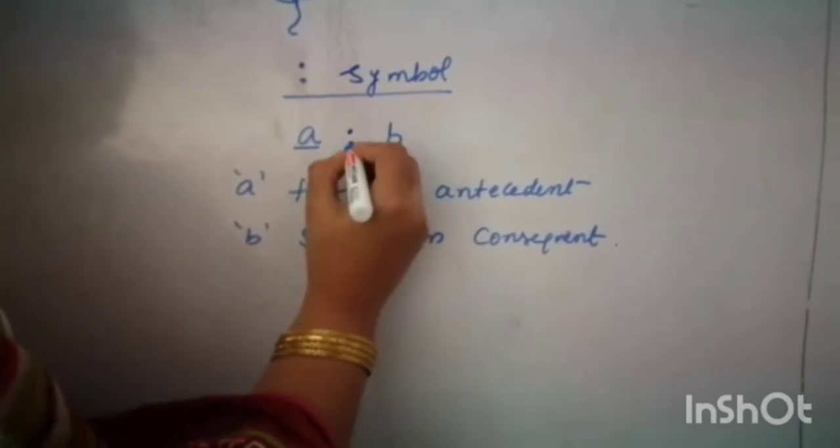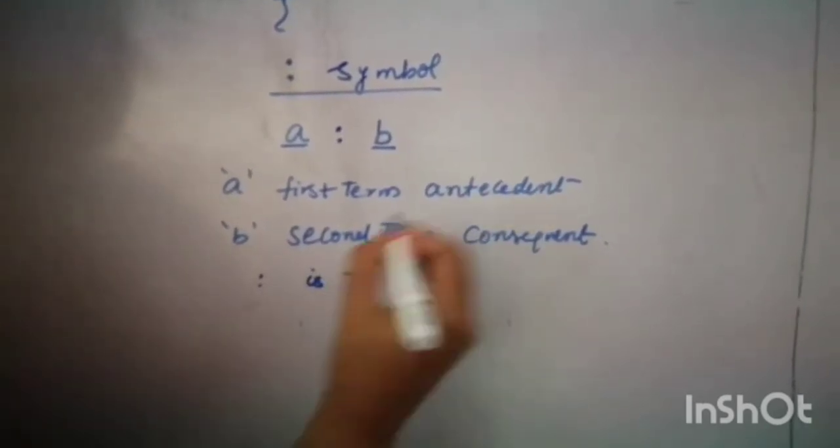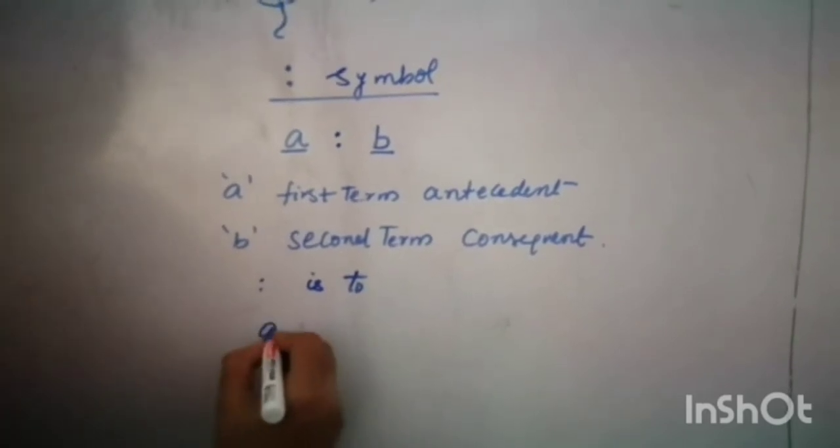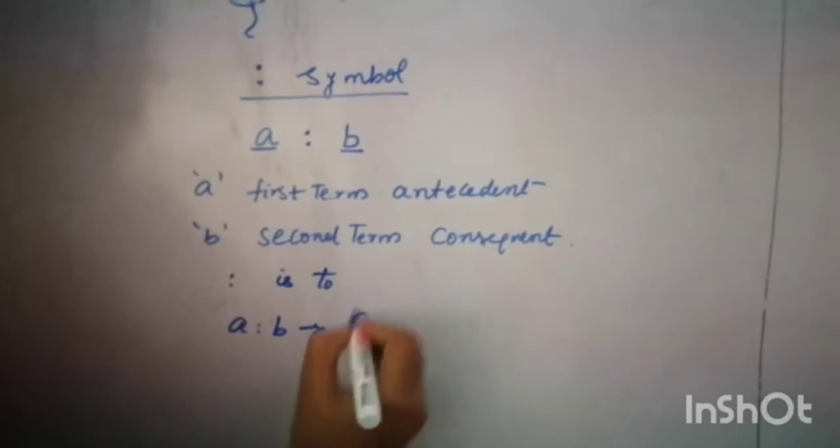This is read as "is to". The fraction form of the ratio A to B can also be written as A by B.